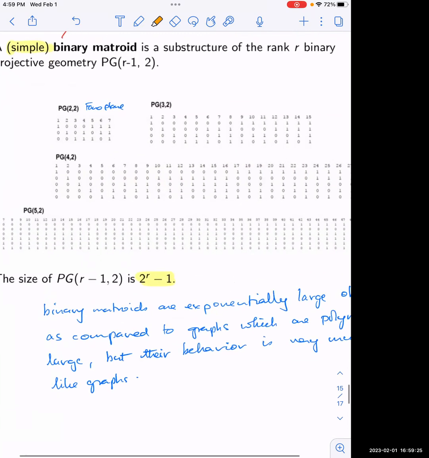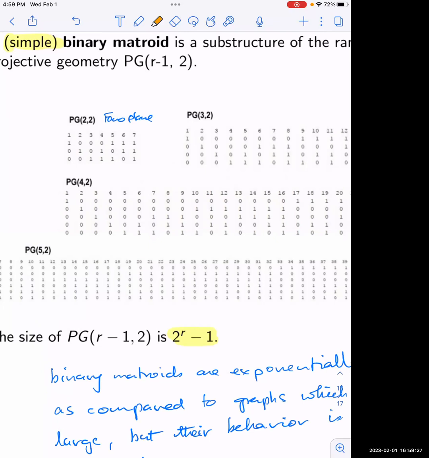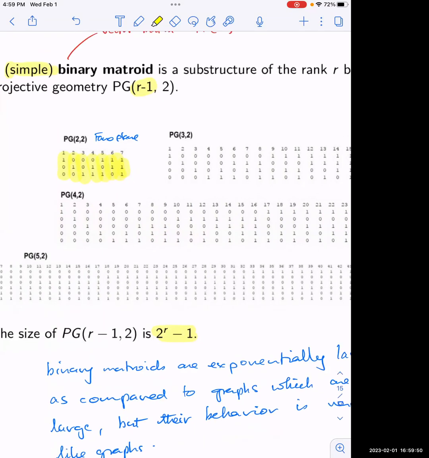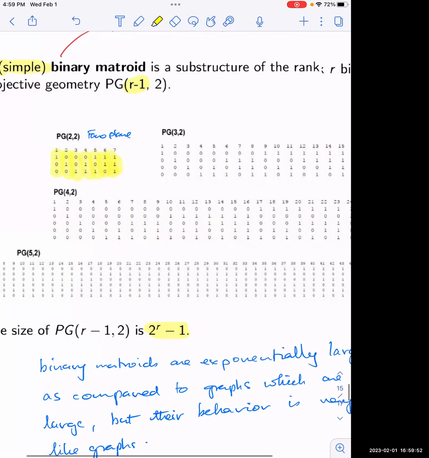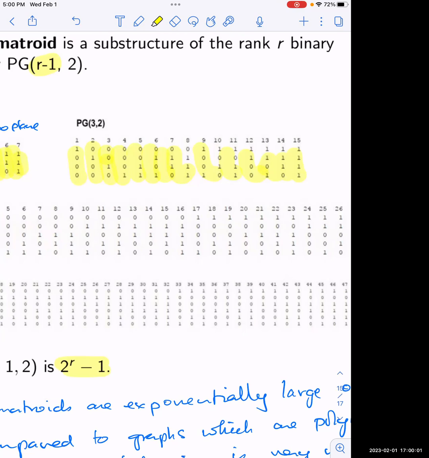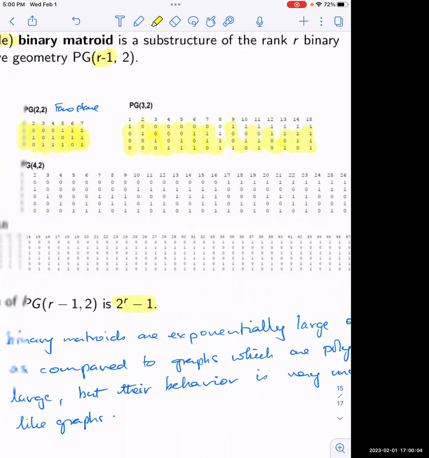So this is PG(2,2). It's convention to use R minus 1. And these columns are all possible columns of zeros and ones with no repetition of length 3. And then this is PG(3,2), so this is all possible columns of zeros and ones with no repetition of length 4.